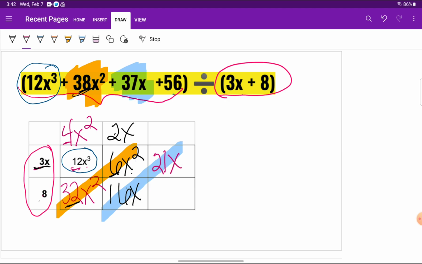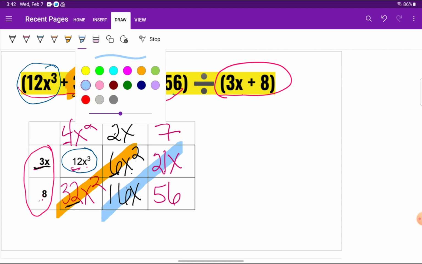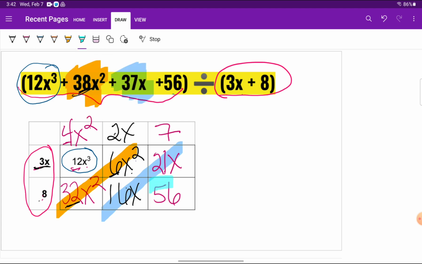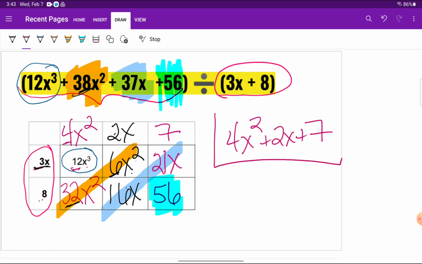If I know 3x times 7 gives me 21x, and 7 times 8 is 56. When I check on that 56, I can verify this last term matches, so I know I'm finished. And my final answer then, 4x squared plus 2x plus 7.